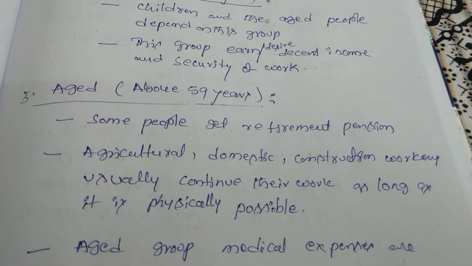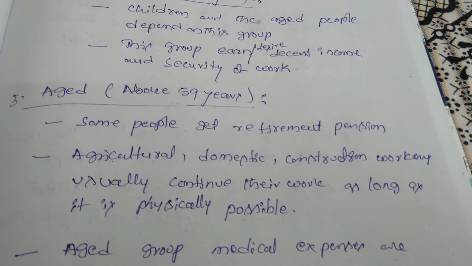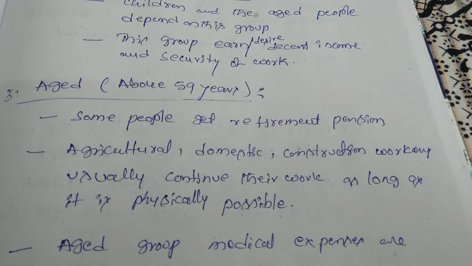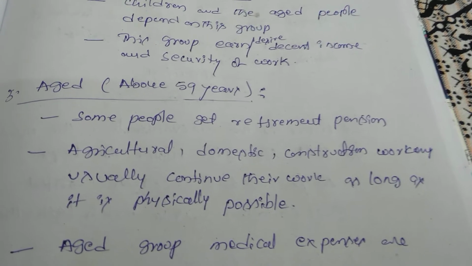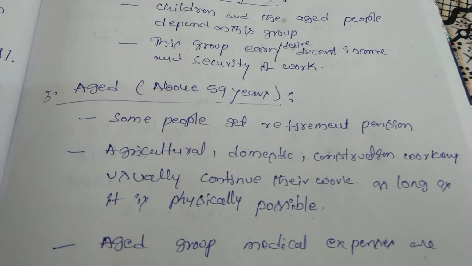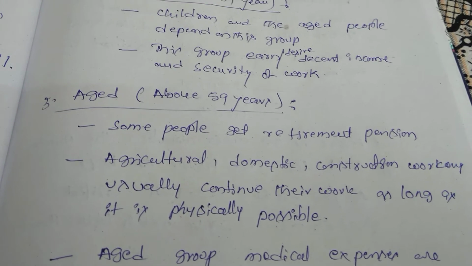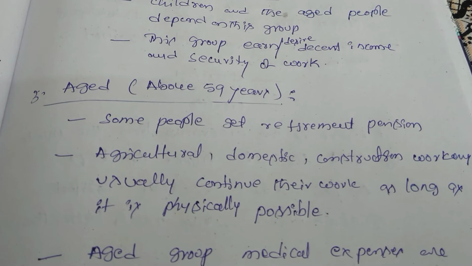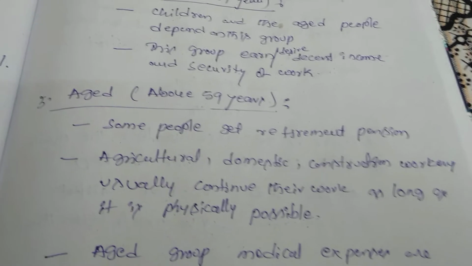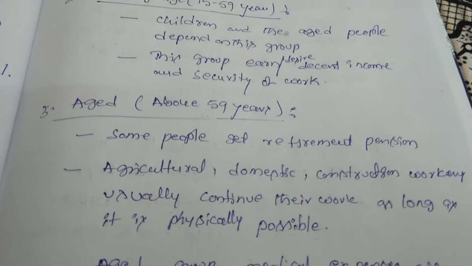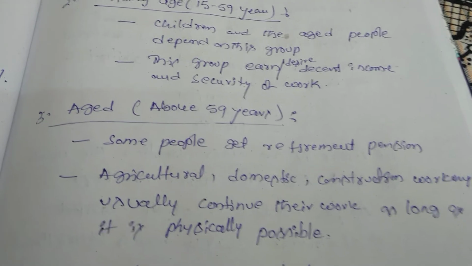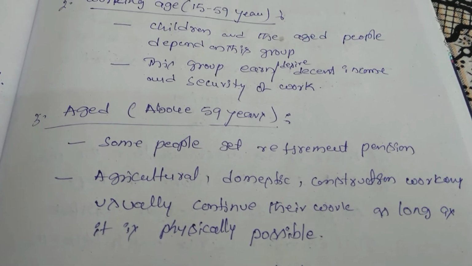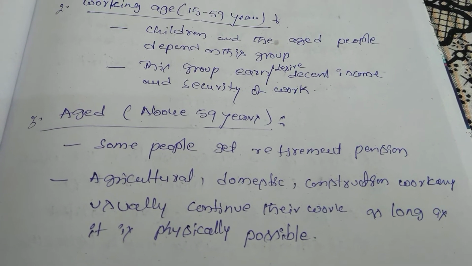Governments are increasing the retirement age. Already in some departments they increased it to 60 years, and they are thinking of increasing it to 65 years also. Previously the retirement age was 58 years, so after retirement they are considered old people.